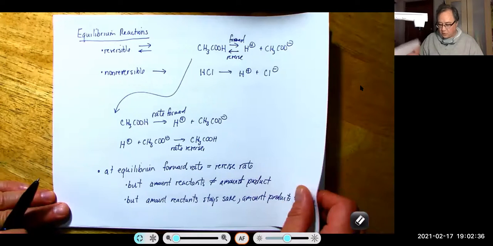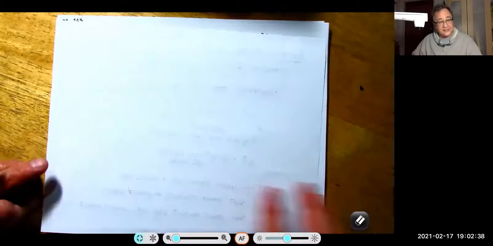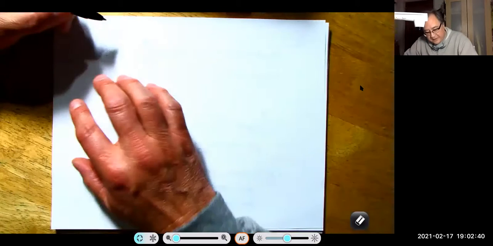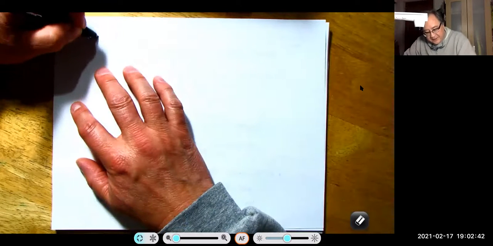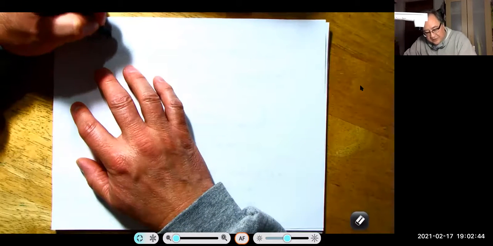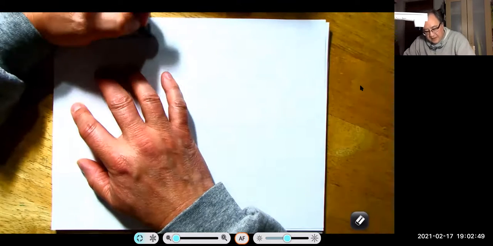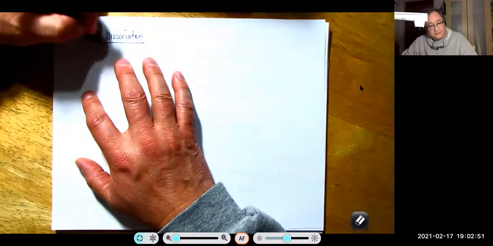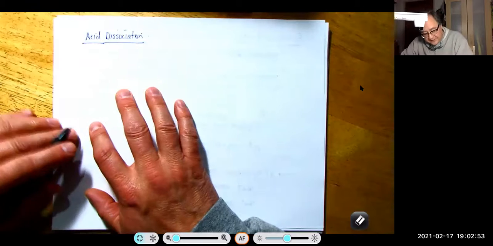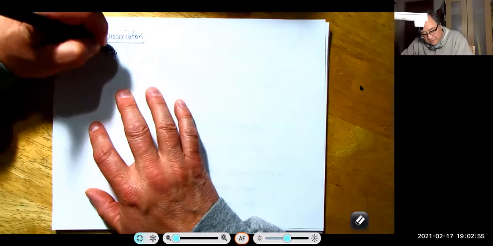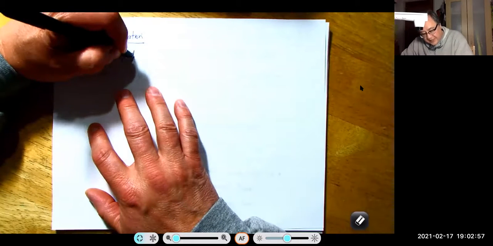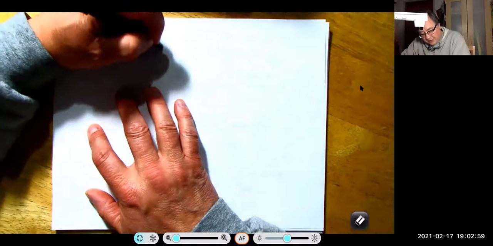Okay, so there's more about equilibrium reactions. Acid dissociation. We're going to talk about that. So an acid produces H plus in water.